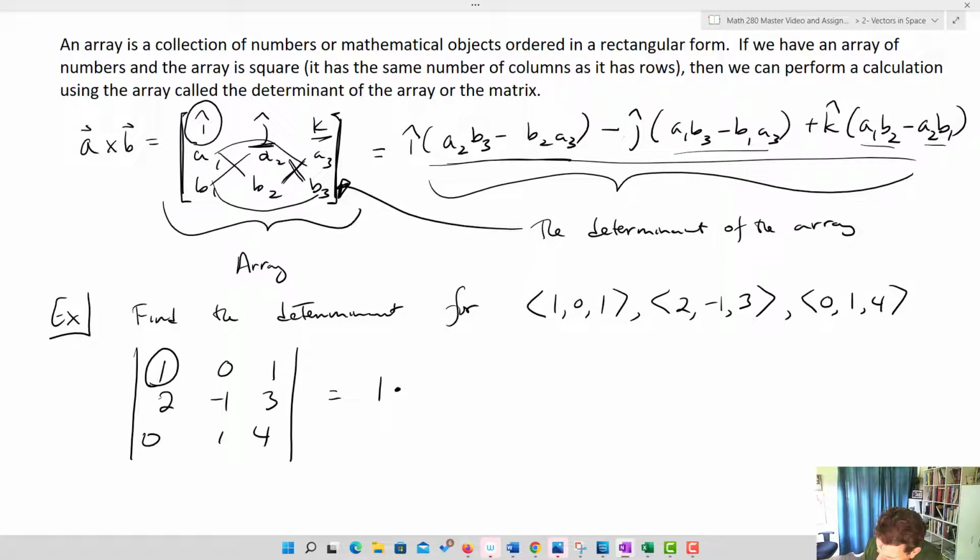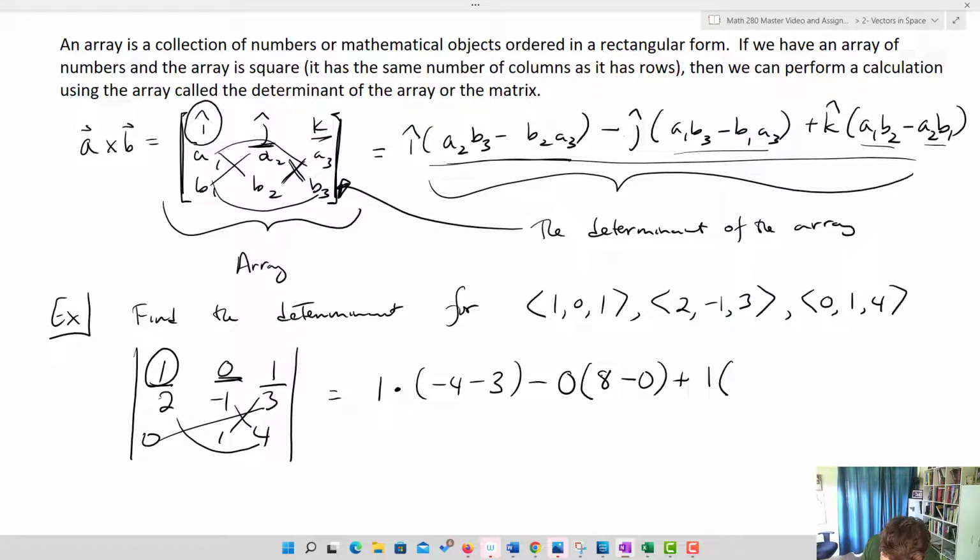So we'll get 1 times negative 4 minus 3, because we're just going to do that like we did the cross product, minus 0 times, and if you have a 0 there, you don't really have to do anything, but we'll do it anyway. We have 2 times 4 is 8, minus 0, because 0 times 3 is 0, plus 1 times 2 times 1 is 2, and then minus 0.